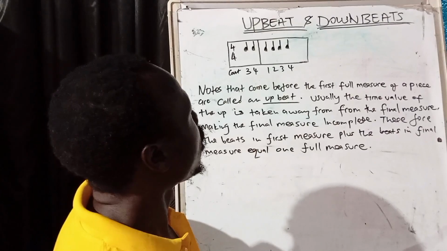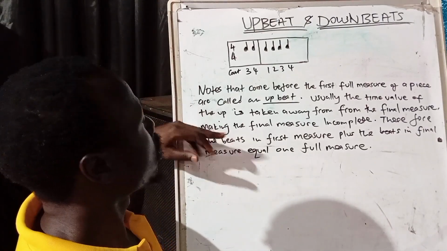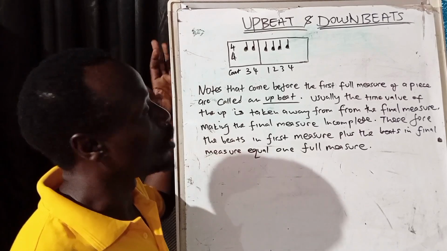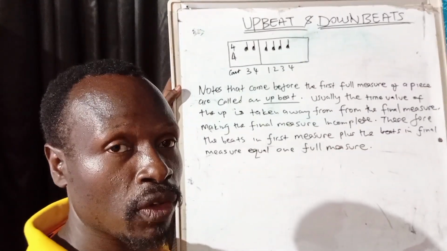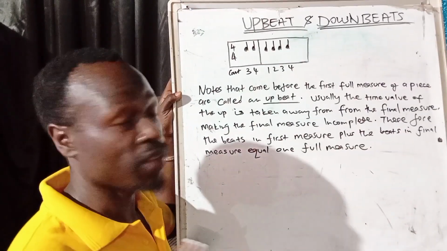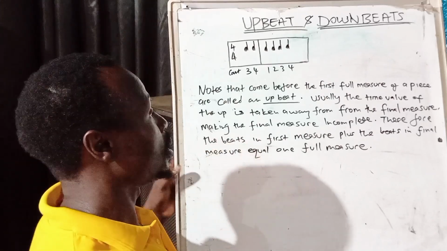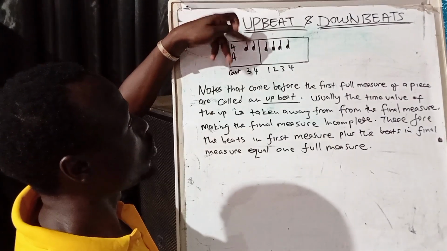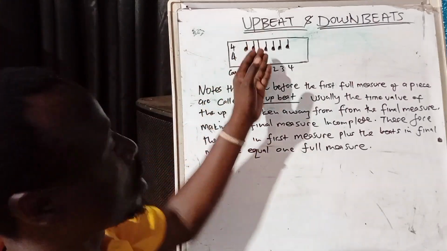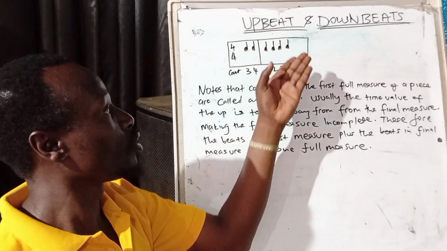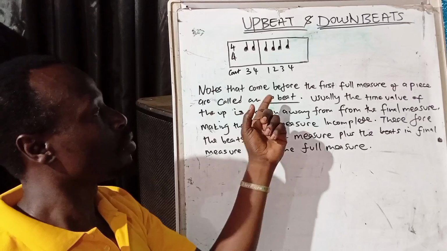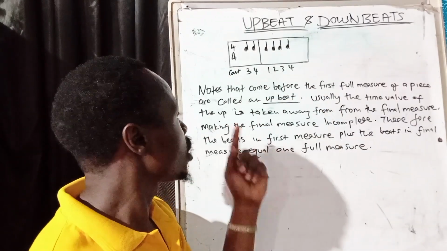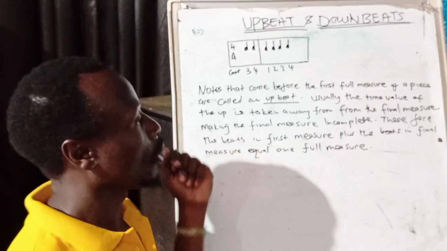So an upbeat: these are notes that come before the first full measure of a piece. Like you're seeing, they are not full here, they are only 2 beats, and the next measure has full 4 beats. So notes that come before the first full measure of a piece of music are called an upbeat.